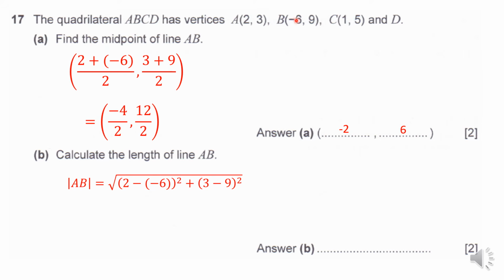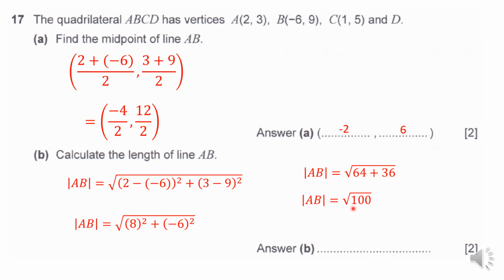You can also have negative 6 minus 2 and 9 minus 3 all squared. You are going to eventually arrive at the same answer. Everything that you square, whether negative or positive, always gives you a positive answer. So negative 6 squared is going to be 36. 8 squared is 64. Clean that up, gives you 100. The square root of 100 is 10 units. Whatever that length is in whatever units, centimeters or whatever, it will be 10.